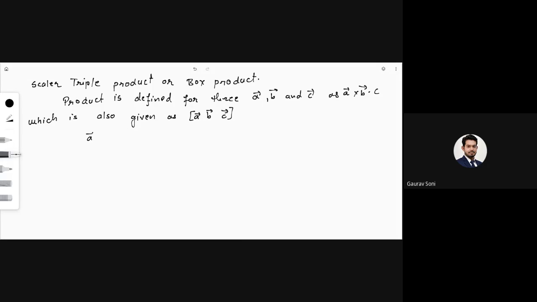So a bar cross b bar dot c bar is also equal to a bar dot b bar cross c bar. And this is written as a bar, b bar, c bar.